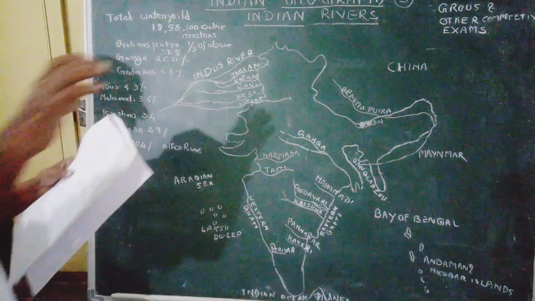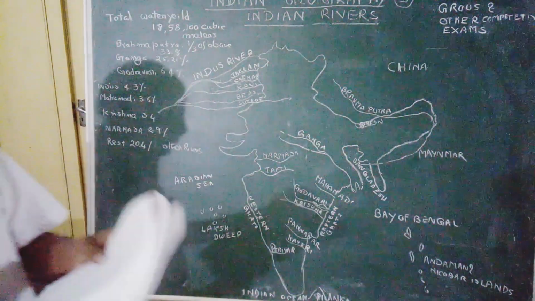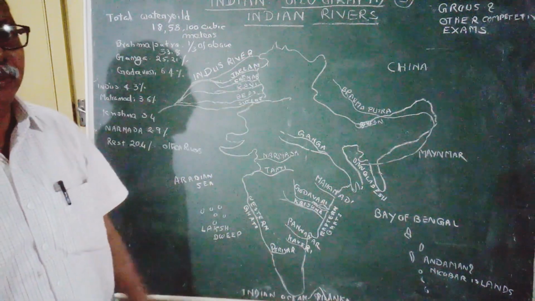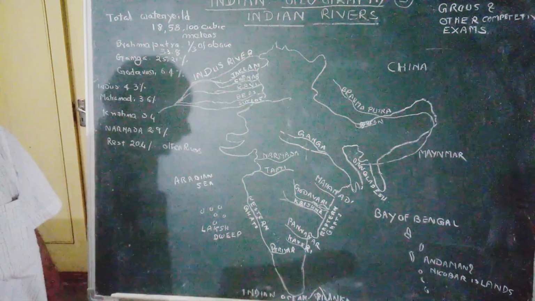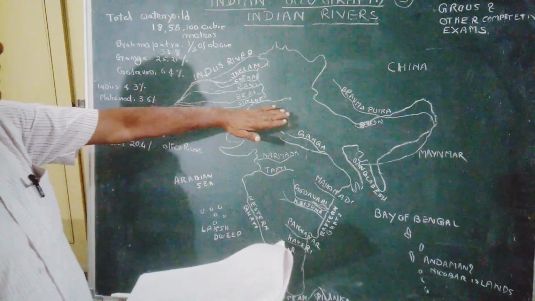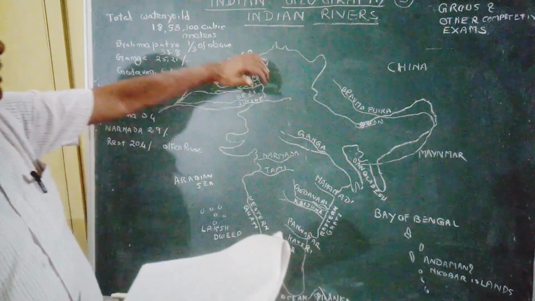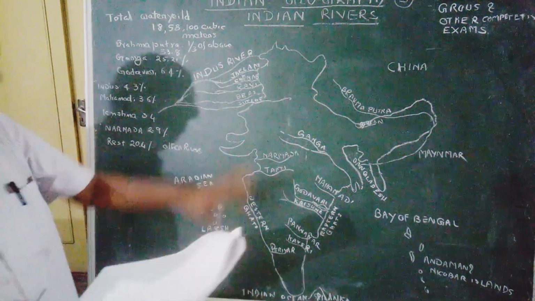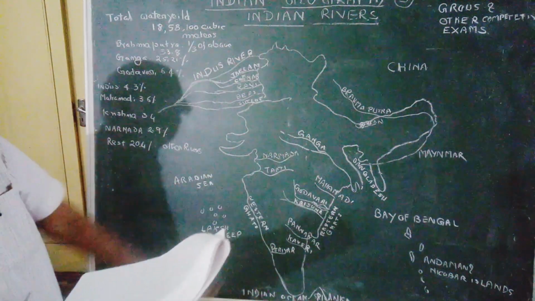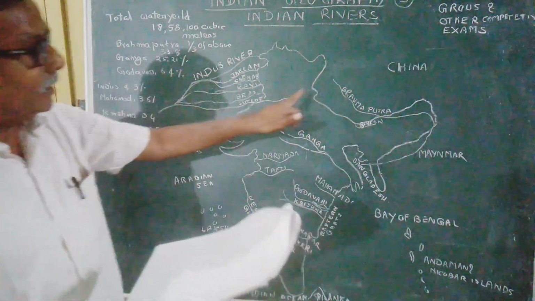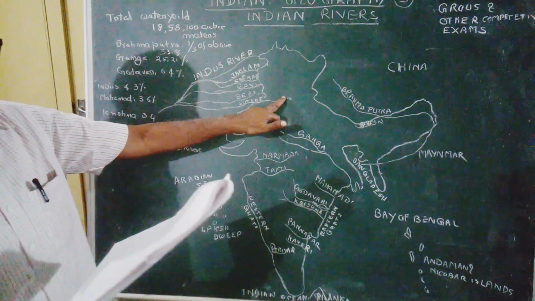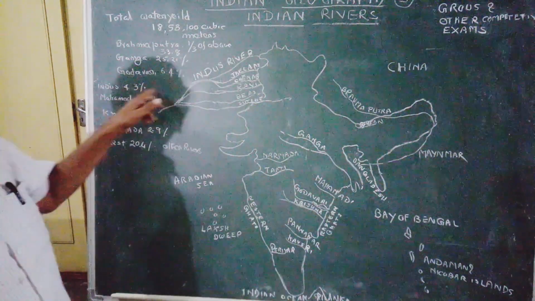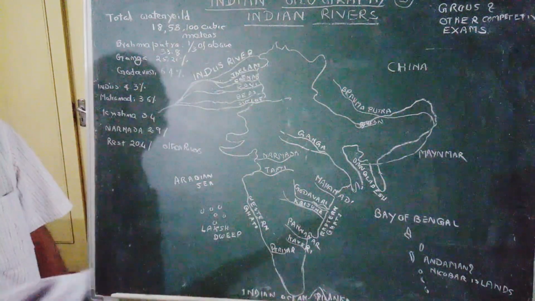The major river contributions form the river basins also. The northern Himalayan basin, that is the northern plain, is mainly formed by the Brahmaputra river, Ganga river, and also the Indus river, that is Sindhu river.